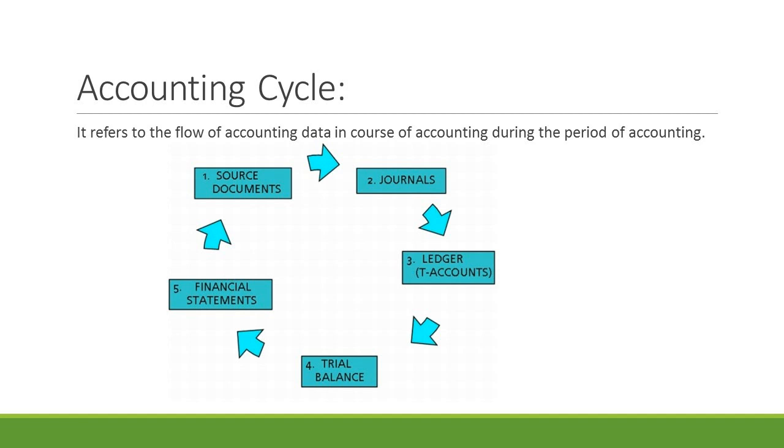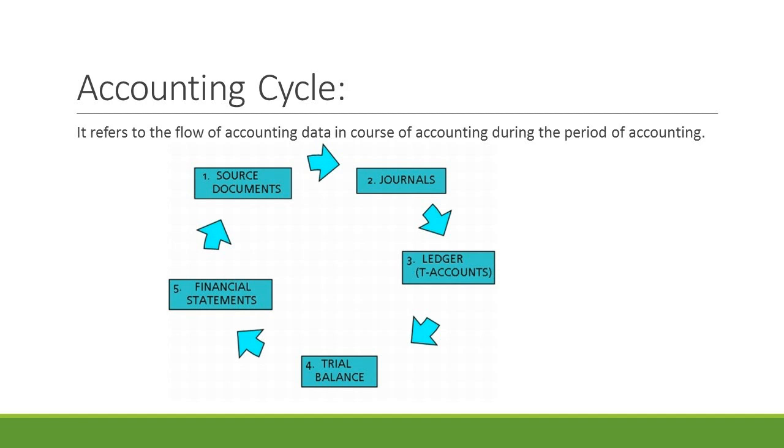First, we will collect the source documents. I mean, we will collect the financial transactions. And first we will record it in the journal book. As I told, it is a primary book. First we will write the transaction in that book. We will record the transaction, and further we will post it into the ledger accounts, T type accounts.